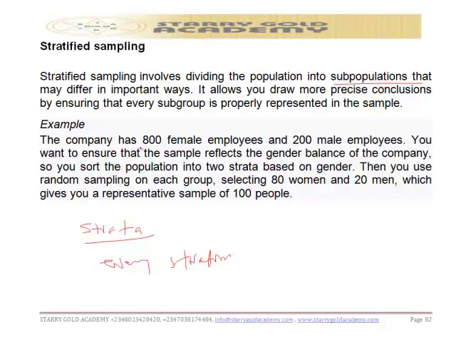Look at this example. The company has 800 female employees and 200 male employees. You want to ensure that the sample reflects the gender balance of the company. So you sort the population into 2 strata based on gender. Then you use random sampling on each one. Select 80 women and 20 men, which gives you a representative sample of 100. Understand?